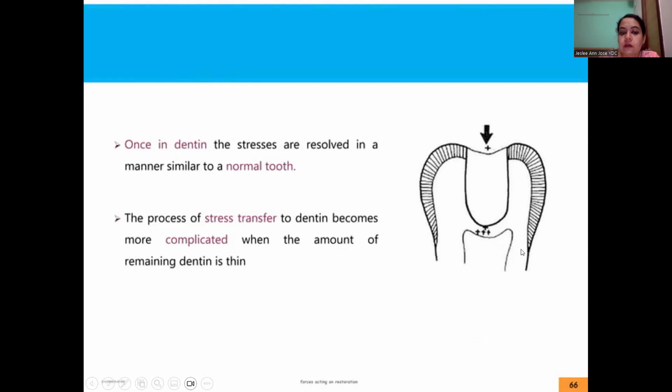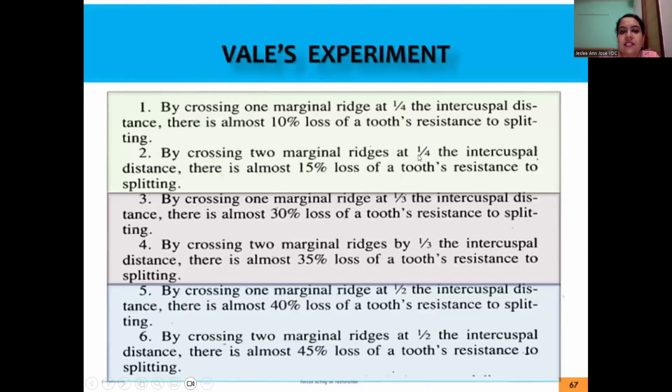Next is the Wales experiment, wherein he has told how much percentage of loss of tooth resistance to splitting there is when you do different types of cavity preparation.